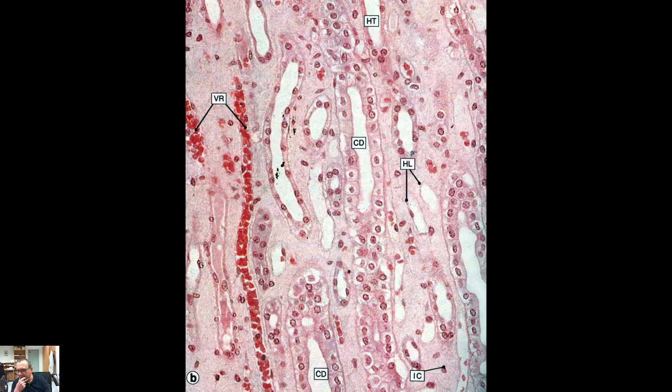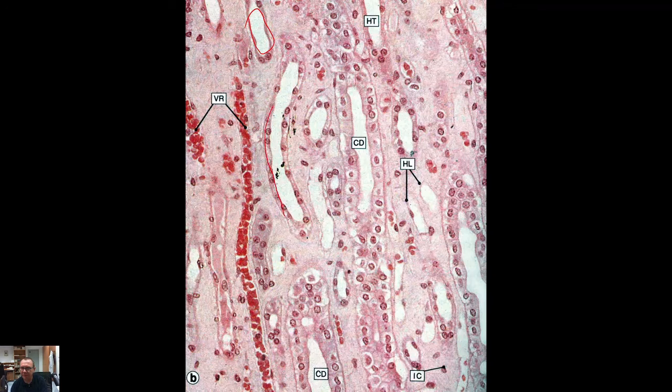And here it is easy because vasa recta have a lot of erythrocytes, and according to the size of the erythrocytes we can recognize their size. They measure, let's say, 2 erythrocytes, 15 to 20 micrometers, so they are a little smaller than thin segments of the loop. A thin segment of the loop of Henle is, for example, this here, or this here.